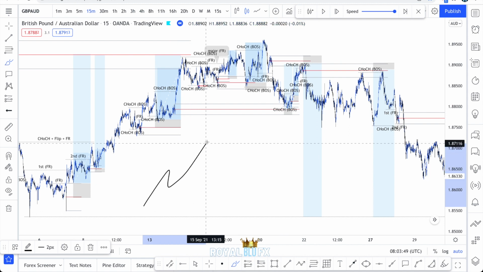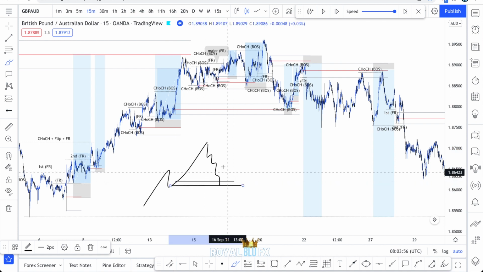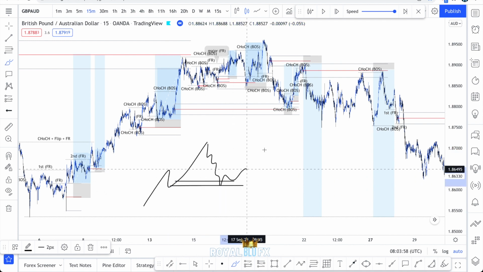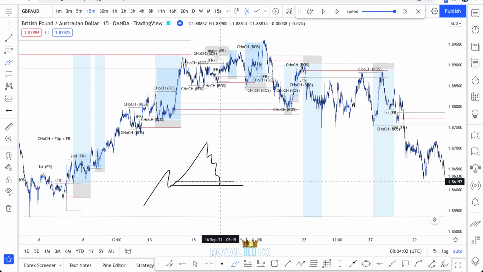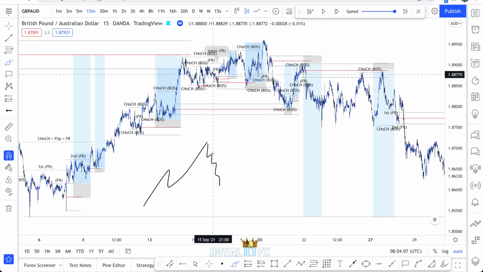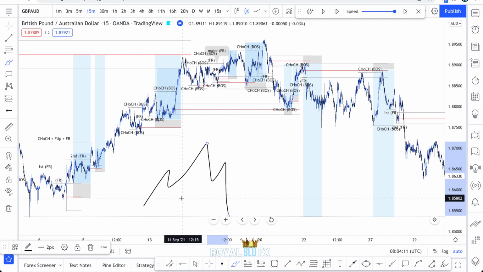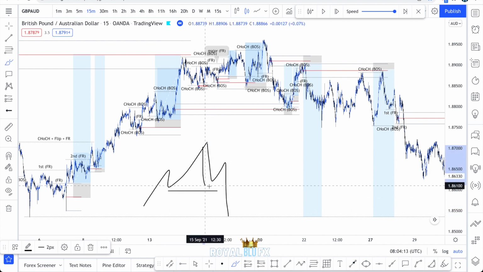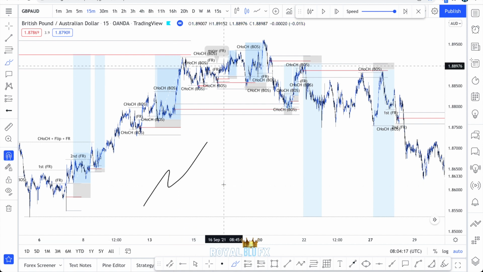Price is going up, and then we have a rather choppy, unhealthy order flow going to the downside, and then we're looking for that extension. But rather, price just builds up like this and then starts shooting down. If this formation happens, it's rather impulsive, rather strong to the downside, so we need to be wary and careful with that.